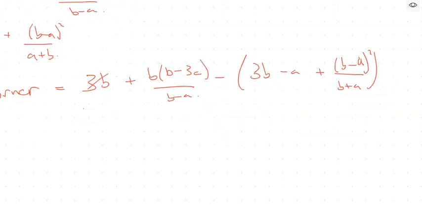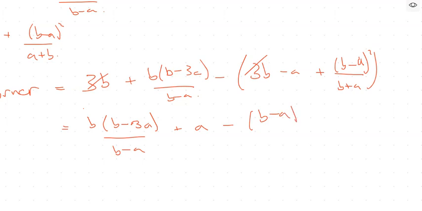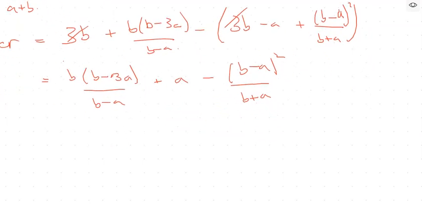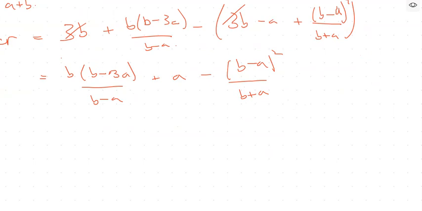Okay, 3b's cancel. We've got b minus 3a over b minus a, minus b minus a all squared over b plus a. Okie doke. Oh, am I going to have to multiply everything out? I think I am.